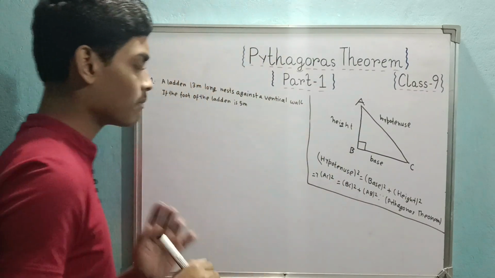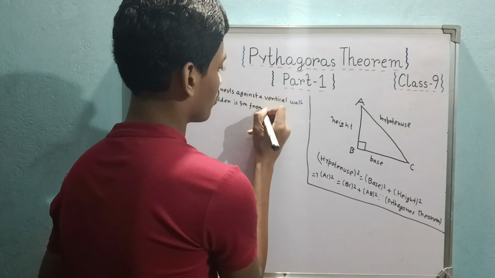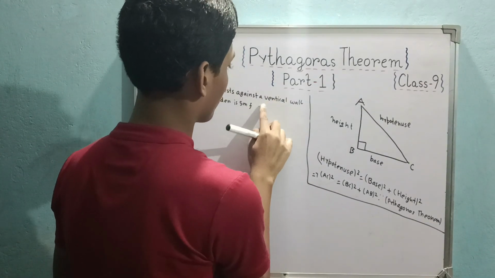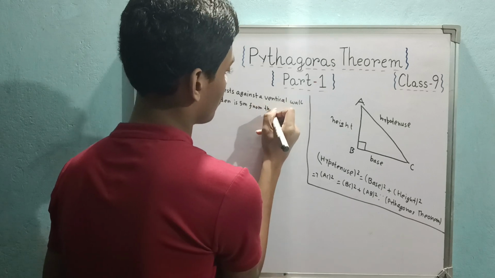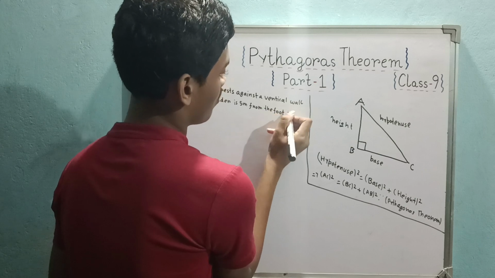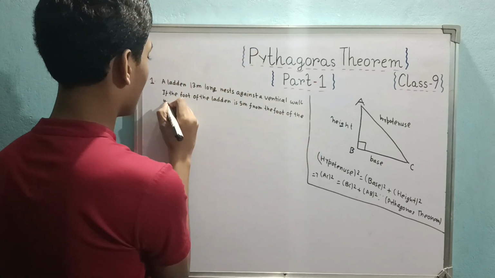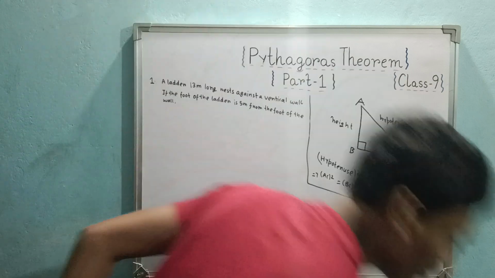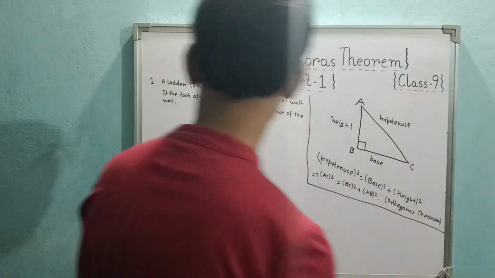We will make the diagram, don't worry. Just see the question, what it is suggesting you to do. Find the distance of the other end of the ladder from the ground.